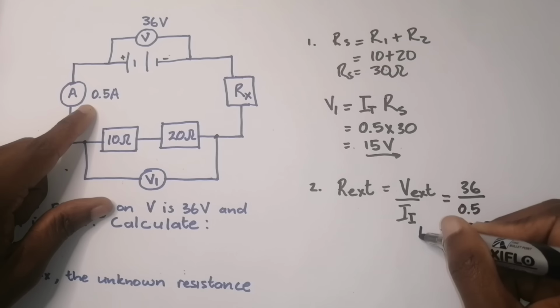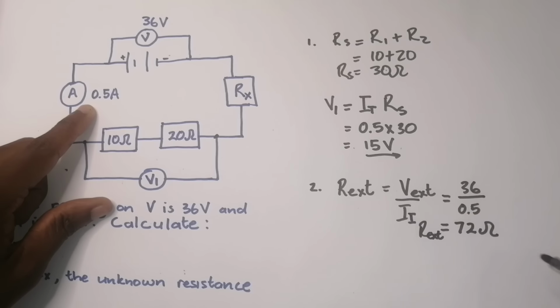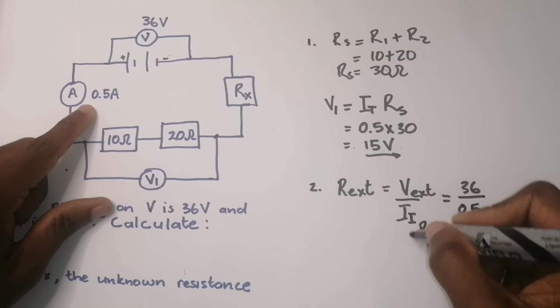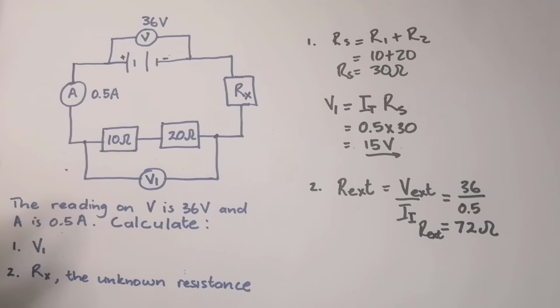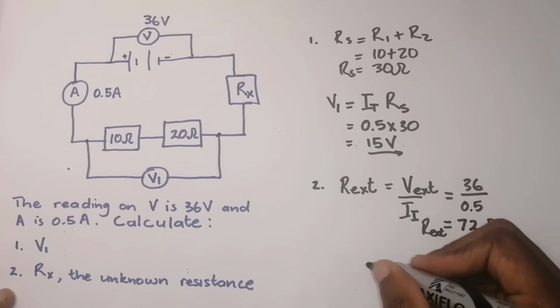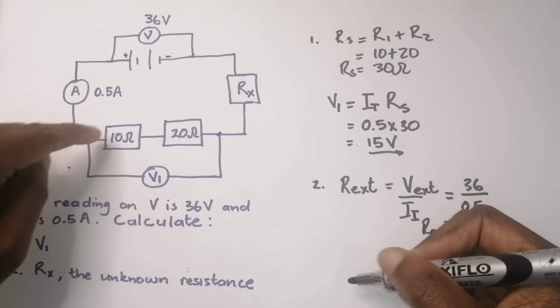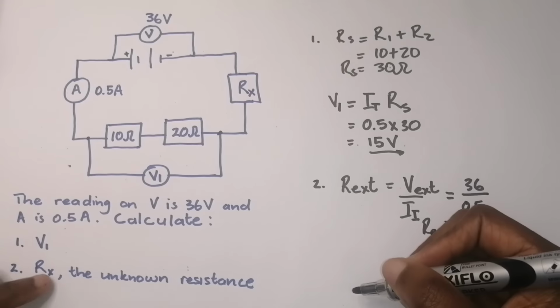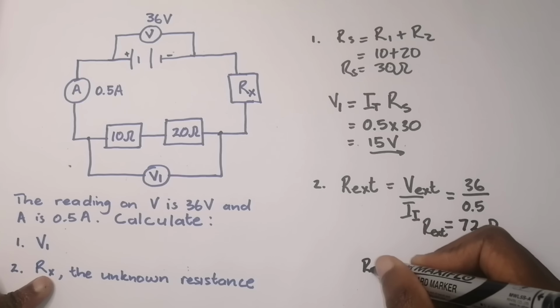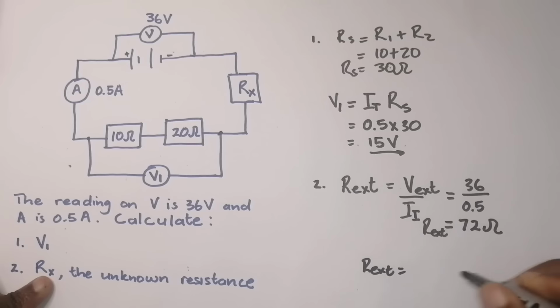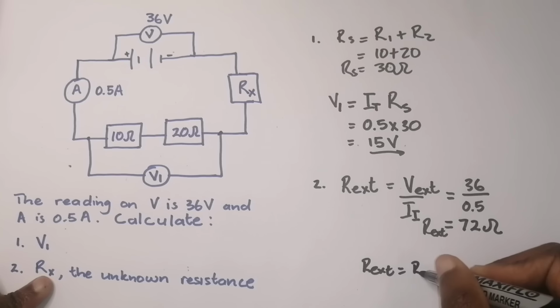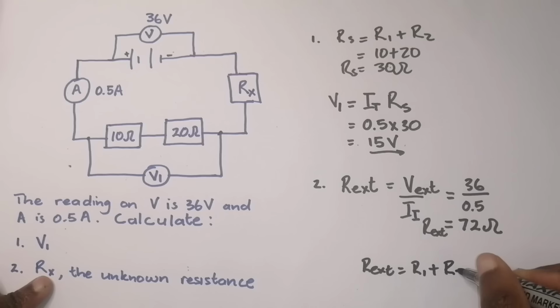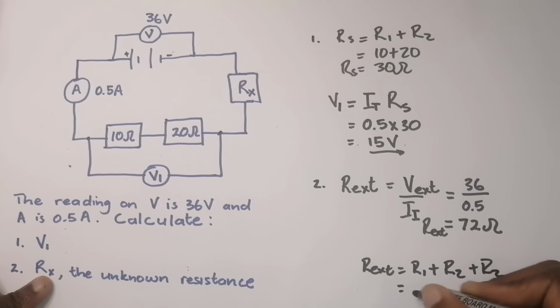Now, what is this value here? Remember, this is the resistance of all your resistors in the circuit, so it means all your resistors combined give you a total of 72. You've probably figured out by now that this plus that gives us R external. Because they're in series, R external will simply be R1 plus R2 plus R3, so we add them all up.